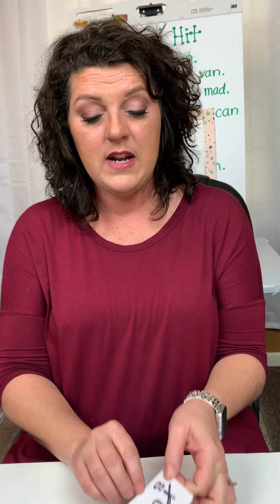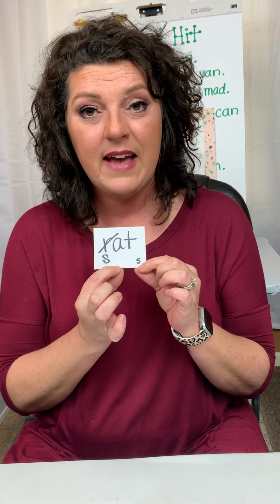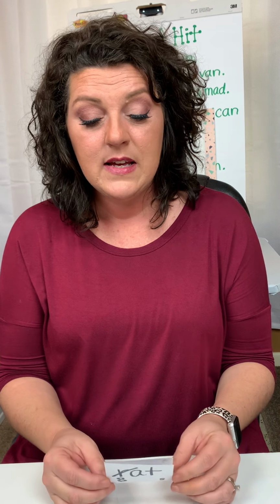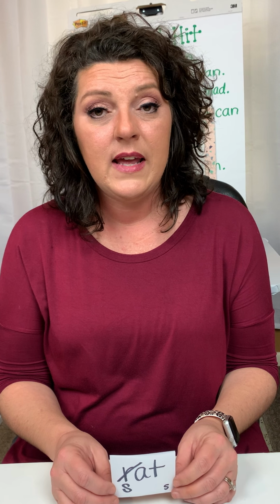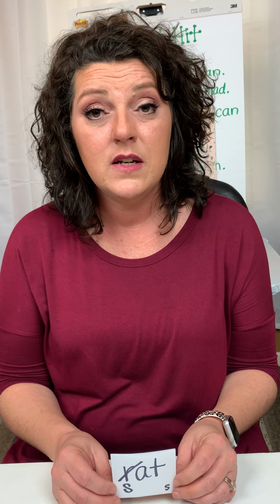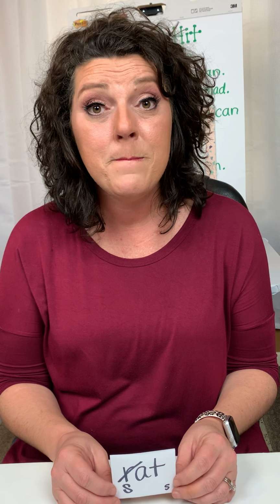Say rat. Say rat again, but instead of r, say s. You should have sat. All right, last one, friends. Say rid. Say rid again, but instead of d, say m. You should have rim. All right, how'd you do? Sometimes that stumbles us up a little bit, don't they?